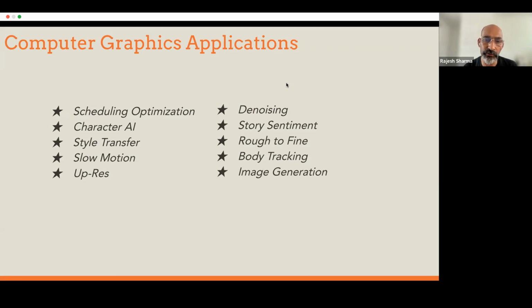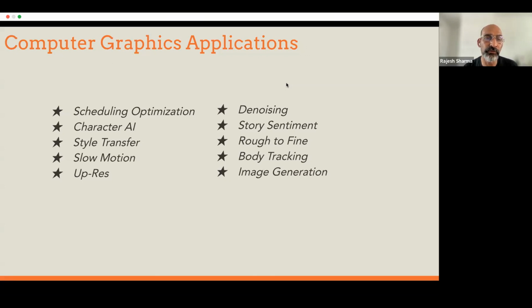The other aspect is that a lot of these are image-based, but some of them are non-image-based, like scheduling optimization. If you have a lot of things to render, what is the best way to render them, how many to render at what time. In large studios, you would often have hundreds of thousands of renderings happening as part of making the film. They usually have, either in the cloud or on-prem, 30, 40,000 nodes basically just doing rendering.